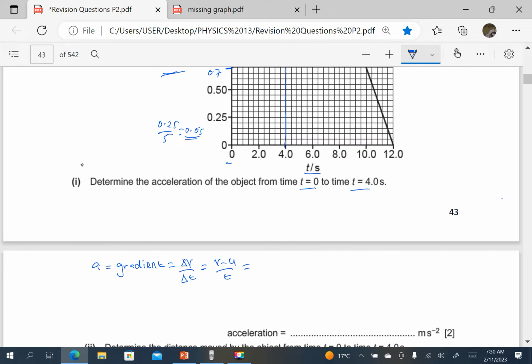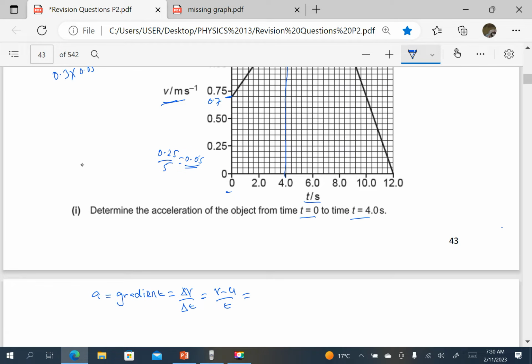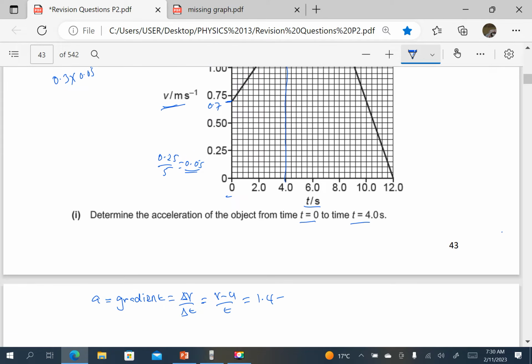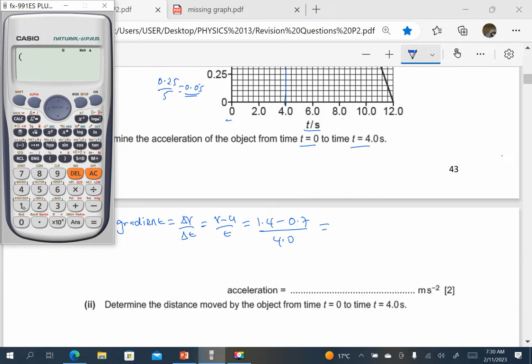From the graph, our v is 1.4, minus u, our u is 0.7, divided by the difference in time, from 0 to 4 seconds, so 4.0. On the calculator, 1.4 minus 0.7 divided by 4 is 0.175.